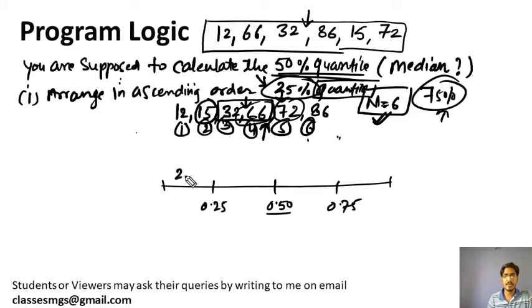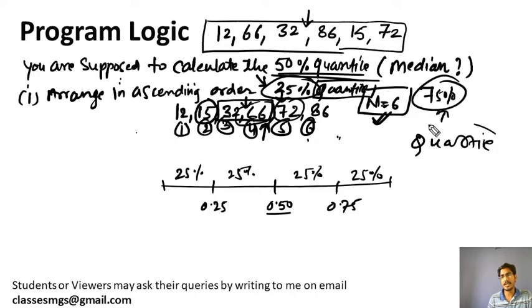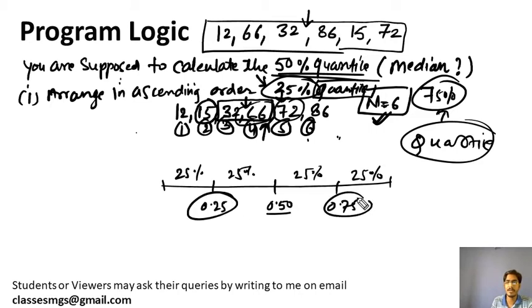So this is how the quantiles divide any data set into 4 equal parts if we are using the concept of quartile. Quartile means dividing into 4 equal quantiles. Okay, so we have calculated how we can calculate the 0.50, meaning median, 0.75, 0.25 quantile values and their formulas.